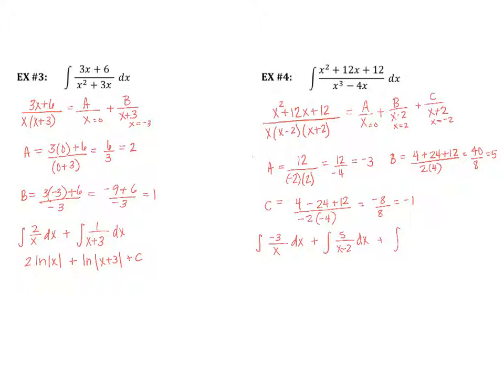C was negative 1 over x plus 2. And so now we're going to have negative 3 times the natural log, absolute value of x, plus 5 times the natural log, absolute value of x minus 2, and then minus natural log, absolute value of x plus 2. And then, of course, our plus C.